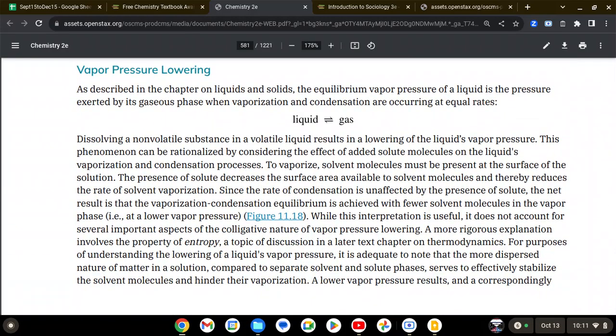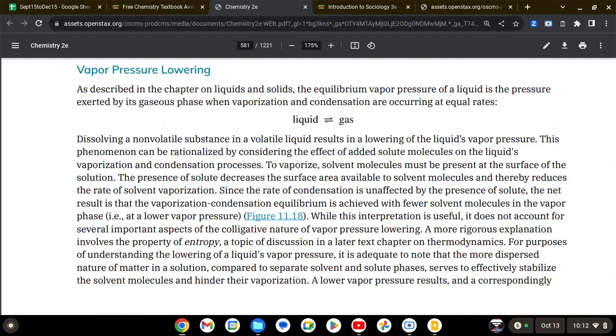Vapor pressure lowering. As described in the chapter on liquids and solids, the equilibrium vapor pressure of a liquid is the pressure exerted by its gaseous phase when vaporization and condensation are occurring at equal rates. Dissolving a non-volatile substance in a volatile liquid results in a lowering of the liquid's vapor pressure. This phenomenon can be rationalized by considering the effect of adding solute molecules on the liquid's vaporization and condensation processes.